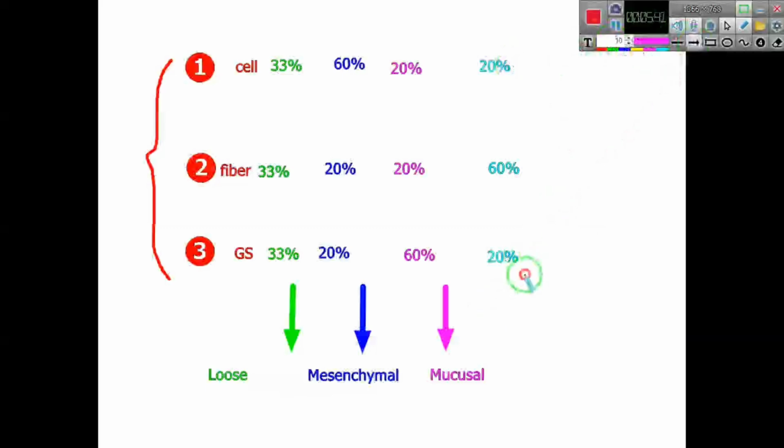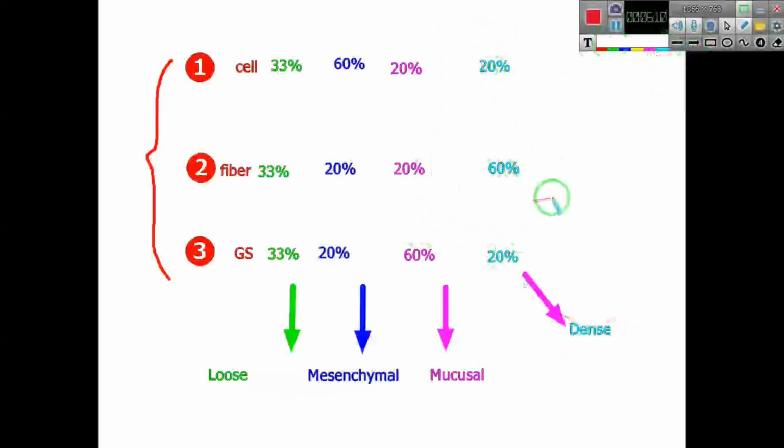We call this kind of connective tissue dense connective tissue. The number of the fibers in this connective tissue is considerable.